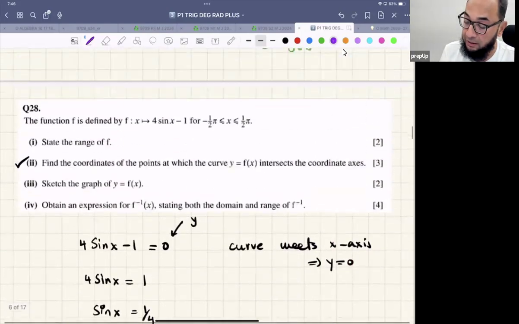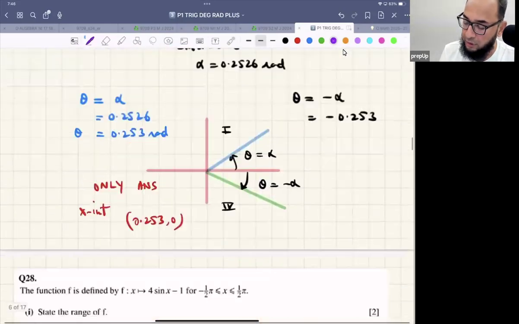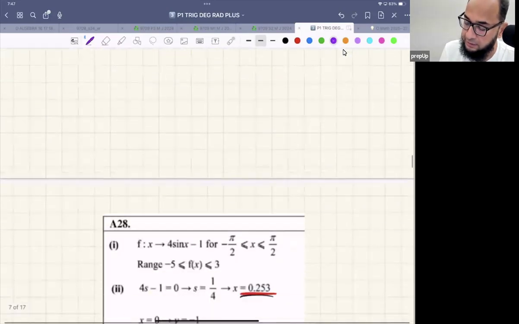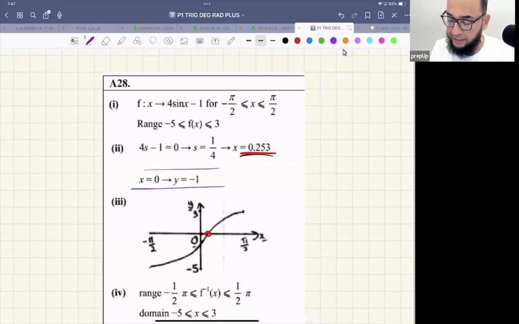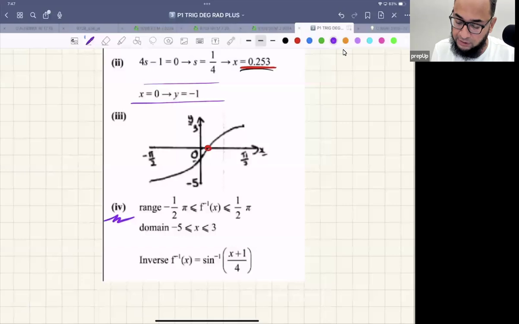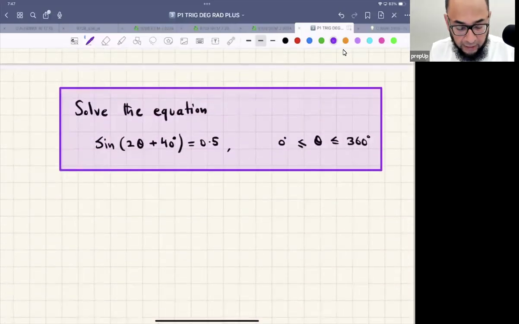So this point right over here is negative 1. So the y-intercept is (0, -1). So that is the answer over here. That was the simple part. This domain and range, we will do in functions. So this is all good, all clear.